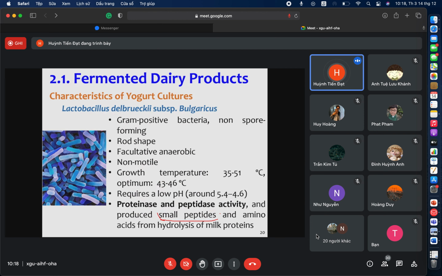What problem can they cause with the yogurt? I think it's a bitter flavor. Yeah, they give a bitter flavor, but the broken down amino acids can contribute to the sensory quality. But we need to select the Lactobacillus strain carefully so that we can avoid the bitter taste.